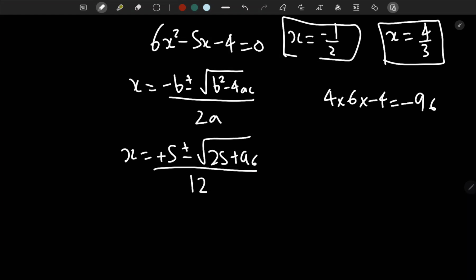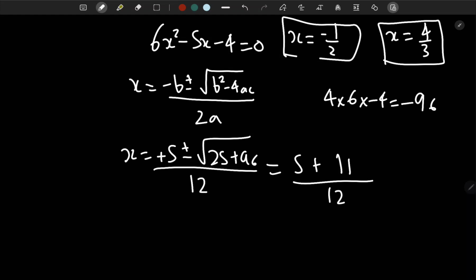Now you can either type this on your calculator and get the exact answer immediately. So here it will be 5. I'm going to do plus first and then minus. So 5 plus radical of 25 plus 96 is 121, over 12. Now this is going to be 11.